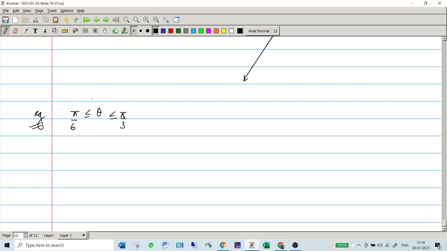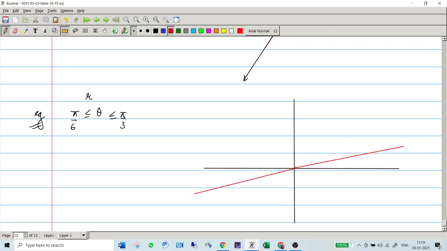But you have to check one more thing. r can be anything. It can be positive, 0, and negative. So you'll be having two sectors. In which directions? Let us see. Right now you have your theta between pi by 6 and pi by 3. So let's say this is your theta equal to pi by 6 line. So we have to take it along both of the directions.